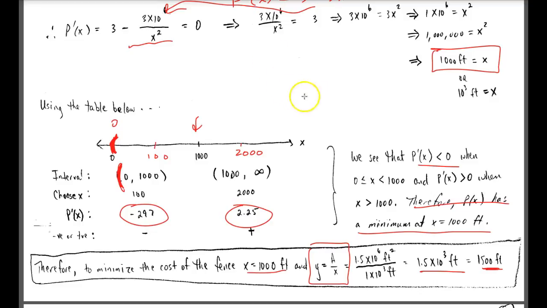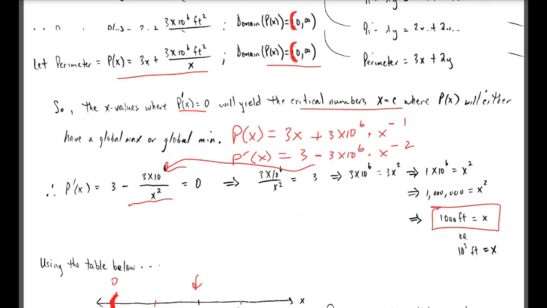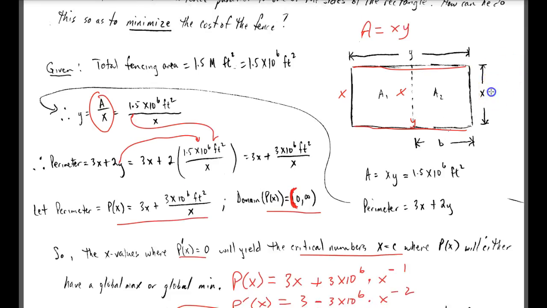So if we come back up to the top, x is going to have to be 1,000, and y is going to have to be 1,500. So we've got 1,500, 1,500, 1,000, 1,000, 1,000. And doing it that way will definitely minimize the cost.